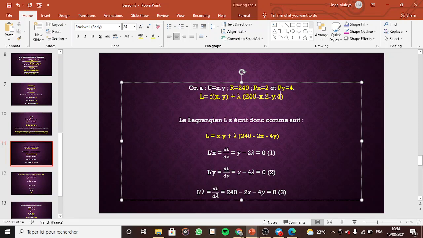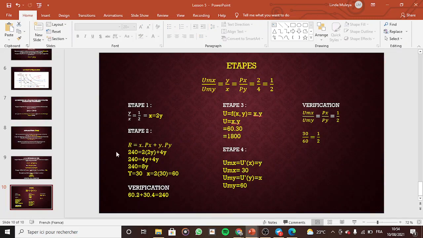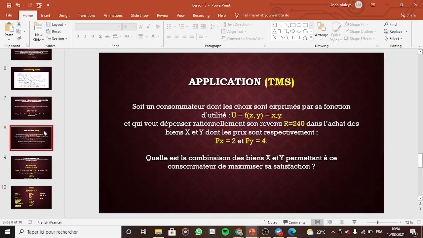In this case, for our formula for f of x and y, we'll go back to our question in lesson 5. In our first question, it gave us a unique formula for total utility. Remember what I mentioned previously: for every question, you'll be given a specific formula for total utility.